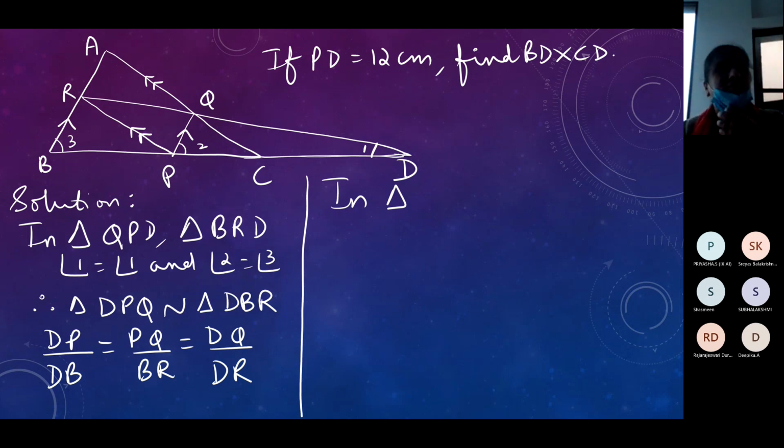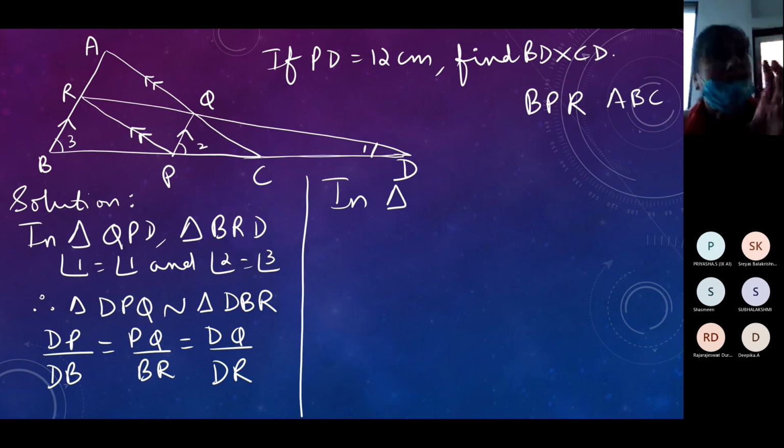BPR. Okay. No, 1 minute. BPR and ADC. ABC. I'm not able to see ABC. But this becomes related to the earlier one. We've taken two triangles earlier. When you take two other triangles related to that, when there are common line segments, more likely you will have common ratios to compare.